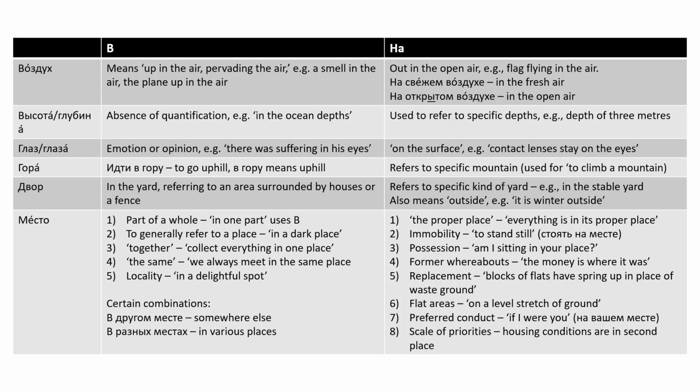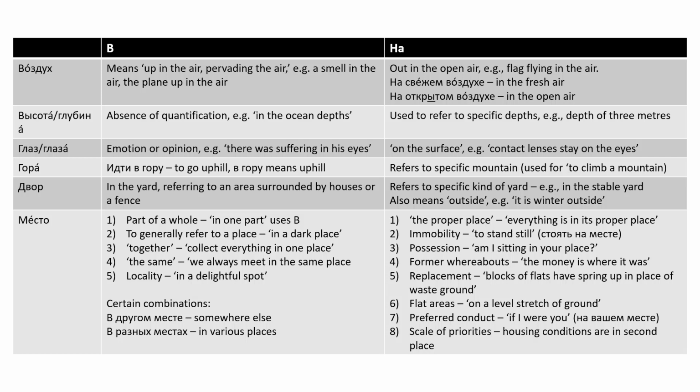And then finally we have mesto. So there are lots of ways that mesto is used. I'm not going to go through these now. I'll just say that generally v is used with mesto to talk about a general place, and na is referring more to specific or fixed places.